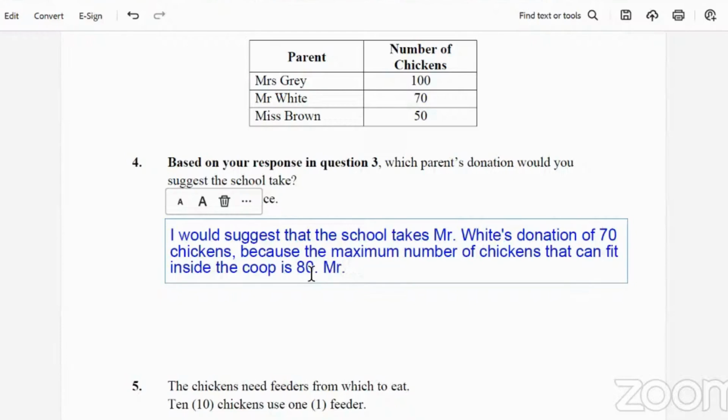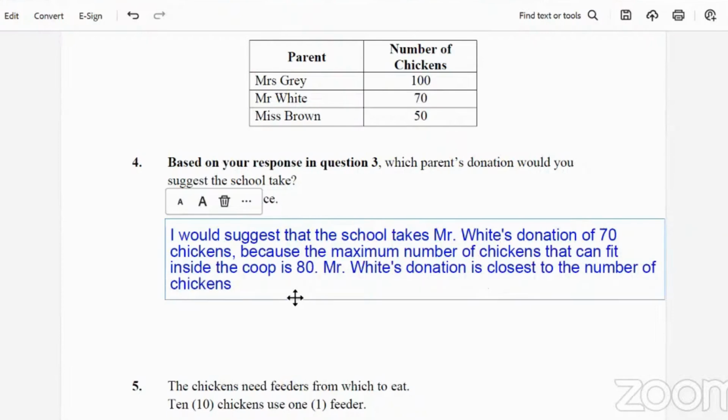Mr. White's donation is closest to the number of chickens that can fit.